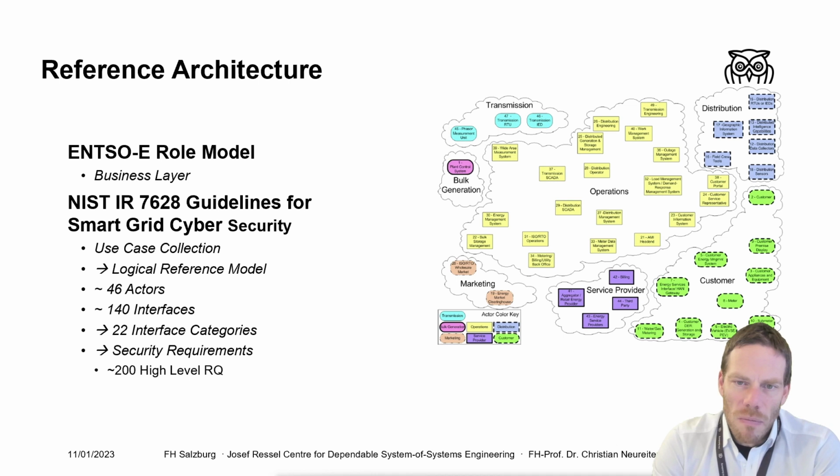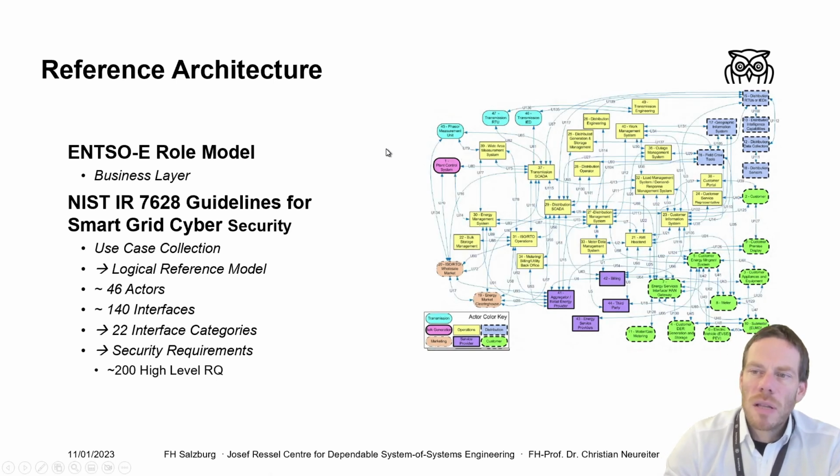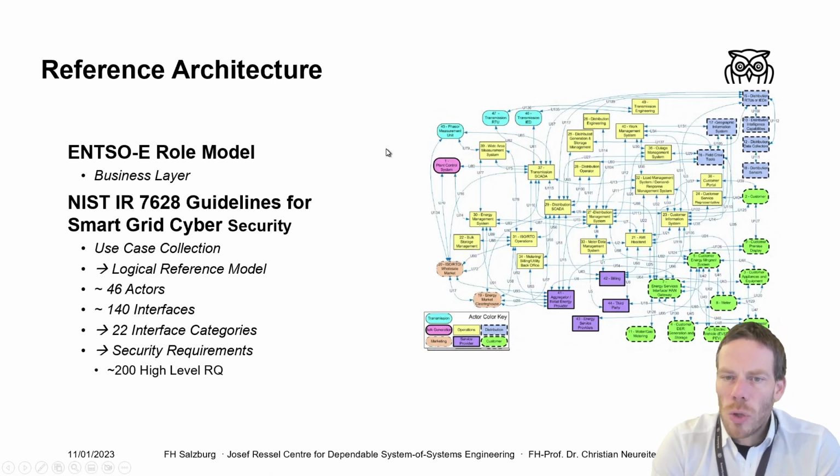But the most important thing here was that they didn't only extract the involved actors, but they also tried to identify all the interfaces between actors. So they were searching for all the possible connections that they could find.